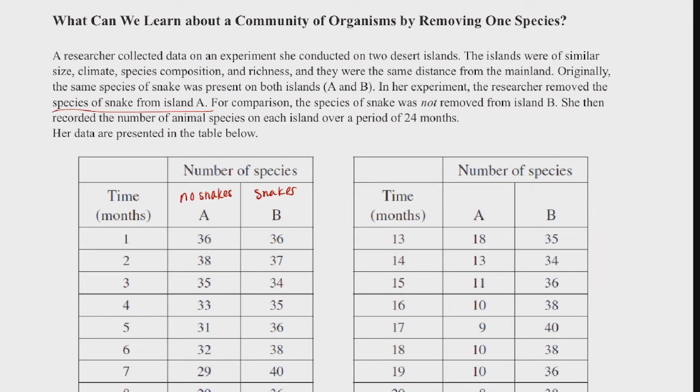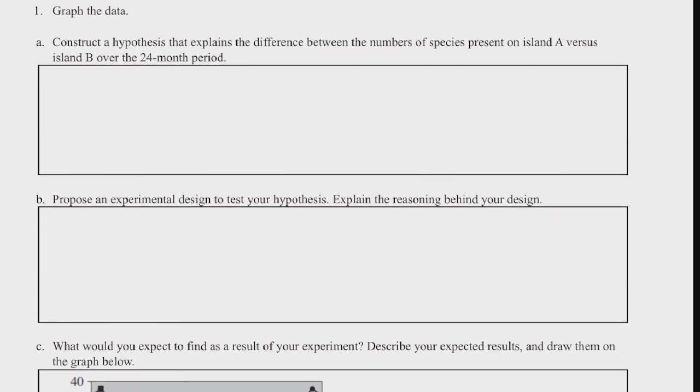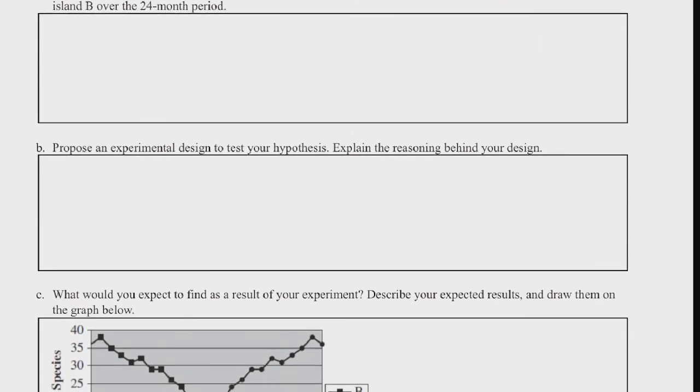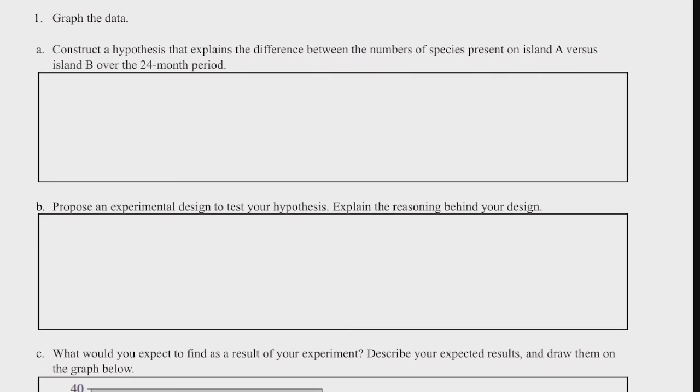And remember, B has snakes. So 1, graph the data just as we have, and A, construct a hypothesis that explains the difference between the numbers of species present on island A versus B.